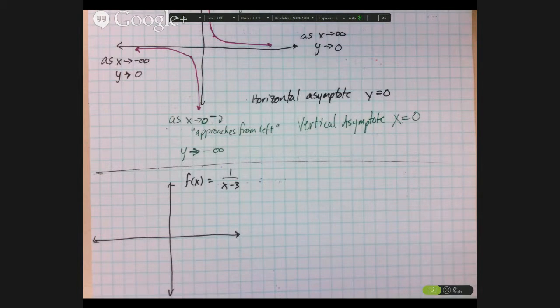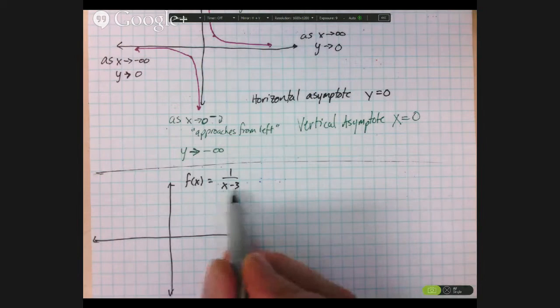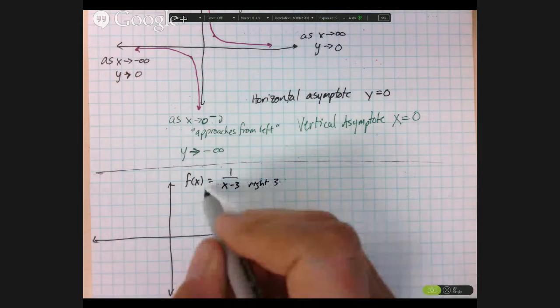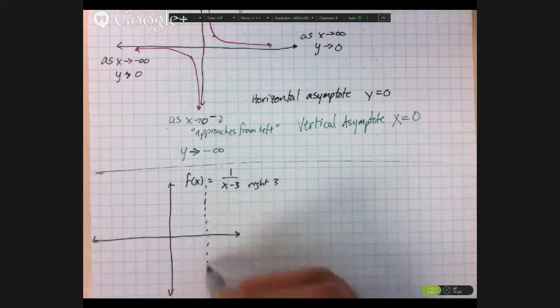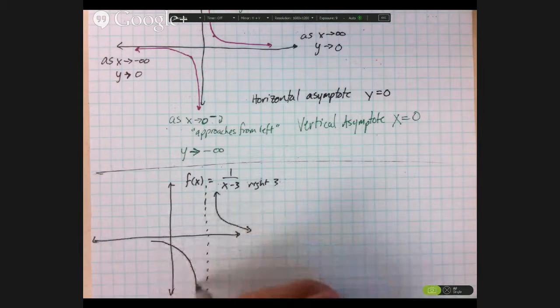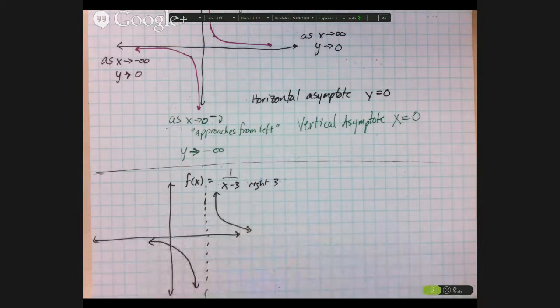What does the graph of that one look like? Translated to the right 3, because it's with the x on the bottom, so right 3. So we just draw a new asymptote, 3 units, and it's the same shape. It would be a stretch, like multiplying by something.